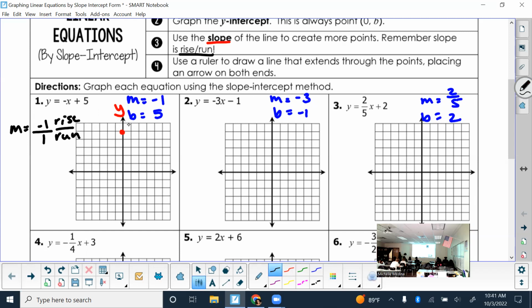So from your y-intercept, since my rise is negative, do I go up or down? Down 1, and then my run is 1, so to the right. Down 1 to the right. Down 1 to the right. You're going to want to put at least a couple dots, so that way you can make as straight of a line as possible.